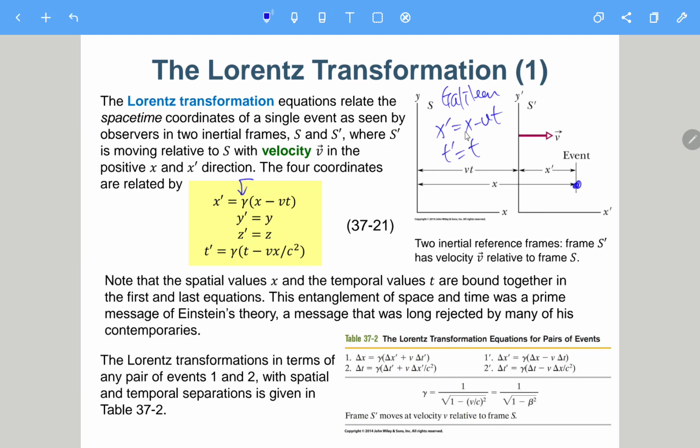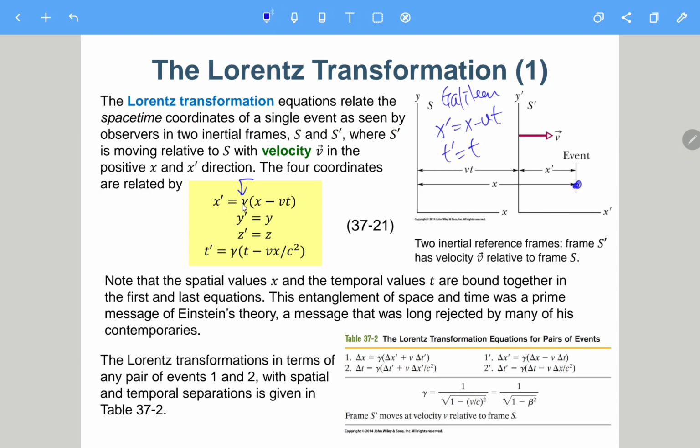For the first step, you have S and then S prime. For the second step, you regard S prime as the starting frame and do this again, with x prime, y prime, z prime, and t prime on the right side, and the left side becomes x double prime and t double prime. Then you will find that x double prime and t double prime are the same as x and t.